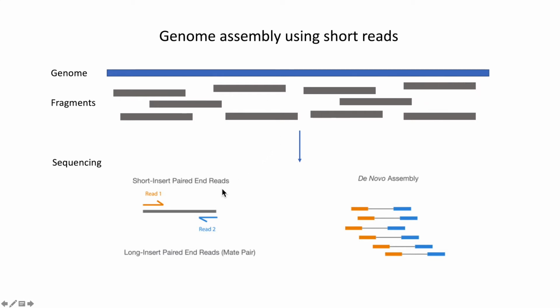For each fragment, using paired-end sequencing, we can sequence both termini, the left side is read 1 and the right side is read 2. So we will know the DNA sequence of both termini, but not the entire fragment. And we can generate an entire genome by looking into the overlap of those sequences. This process is called assembly.